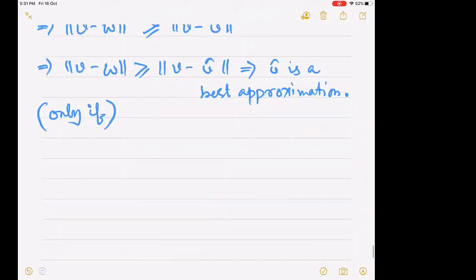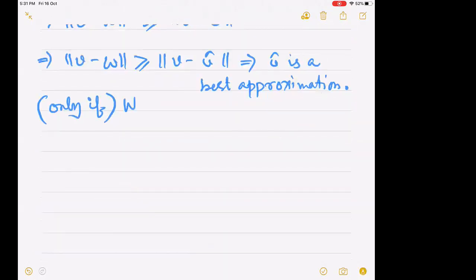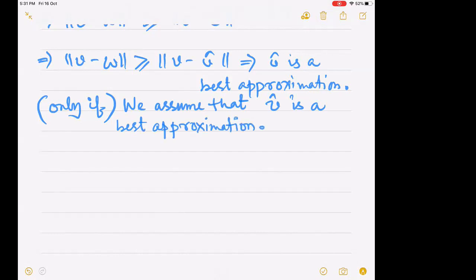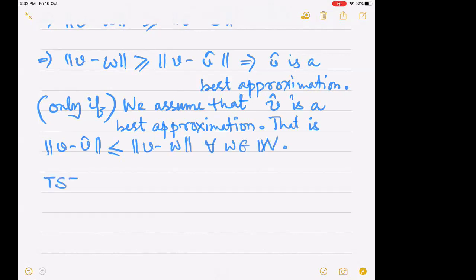For the only if part, what we're going to do is we assume that V̂ is a best approximation, that is ‖V − V̂‖ is less than or equal to ‖V − W‖ for all W in the subspace W. We have to show that the inner product of V − V̂ with W is equal to 0 for all W in W. That's what we have to show.